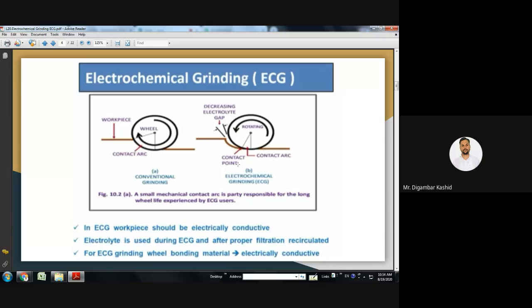You can see here two pictures: the first in this diagram is conventional grinding and the second is electrochemical grinding, ECG.